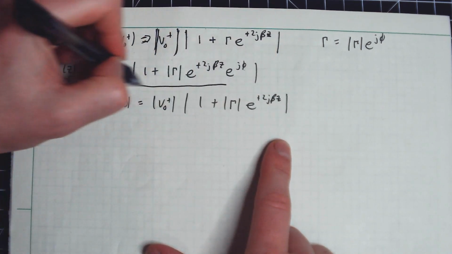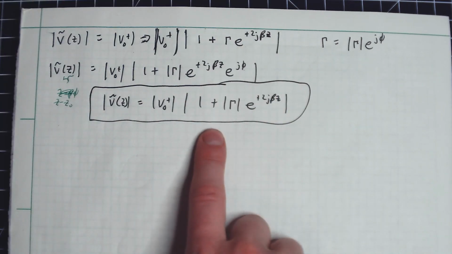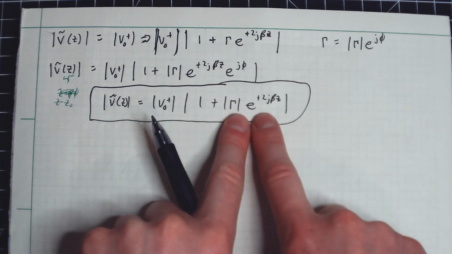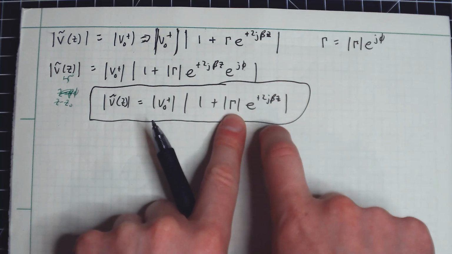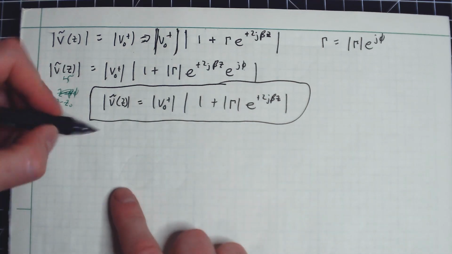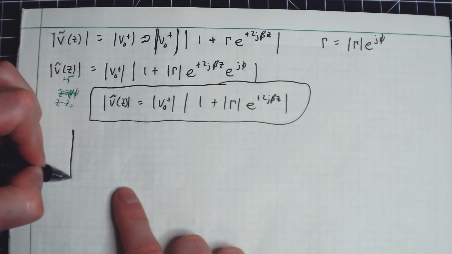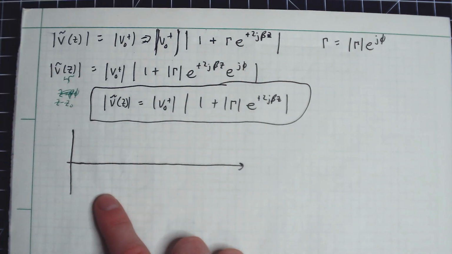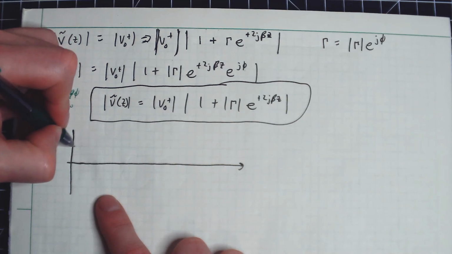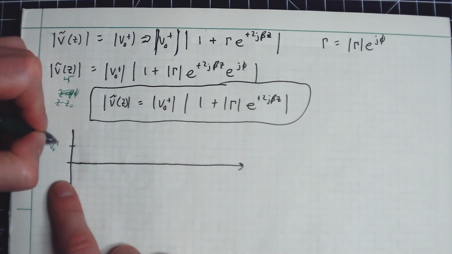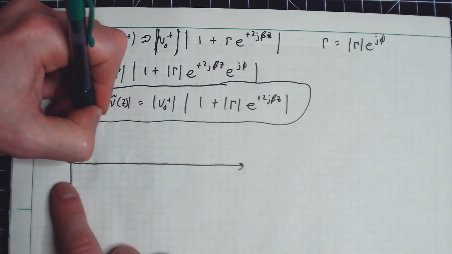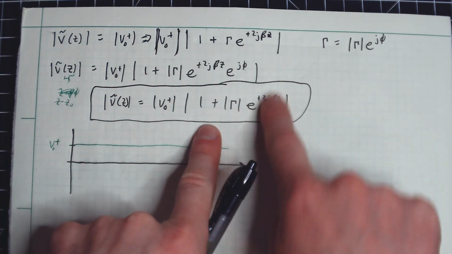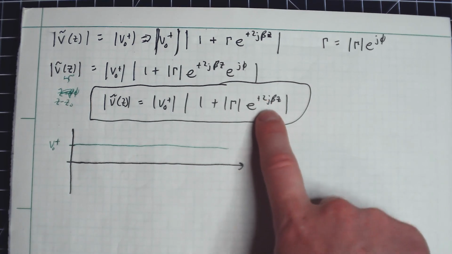This is an interesting expression because it's basically 1 plus this term that's oscillating back and forth. Just intuitively, right off the bat, it will look close to, though not exactly, the following, where here is my amplitude, V naught plus, and this term is going to oscillate back and forth when I take its magnitude.